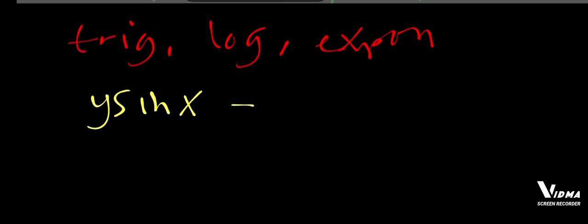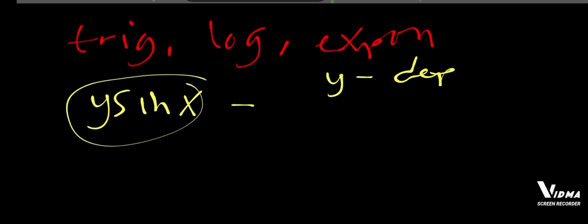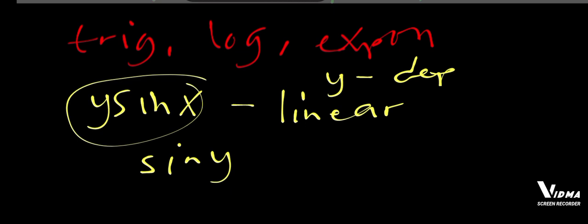Given that y is my dependent variable, this still makes the differential equation linear, because it is different from writing sine y.